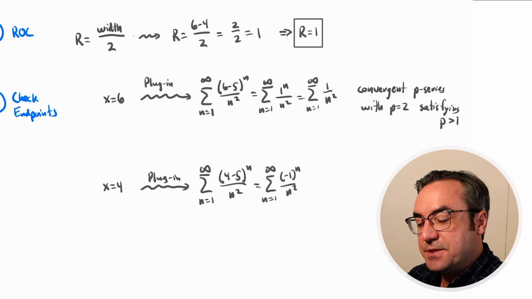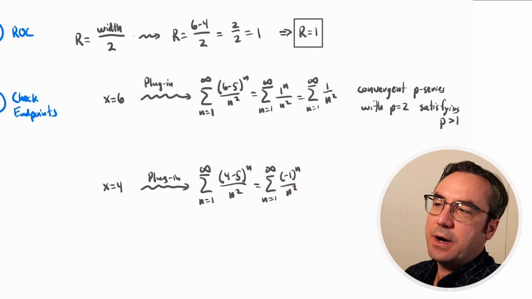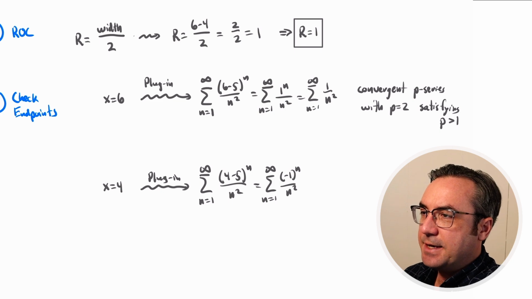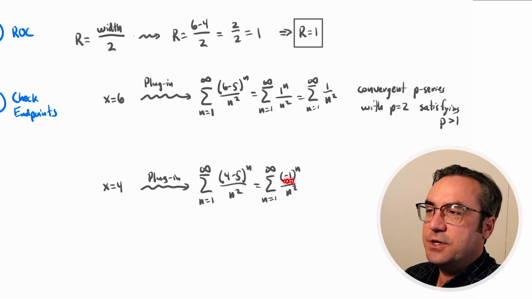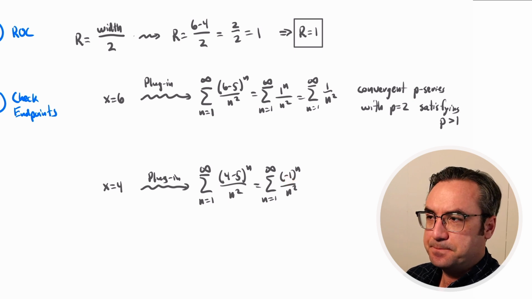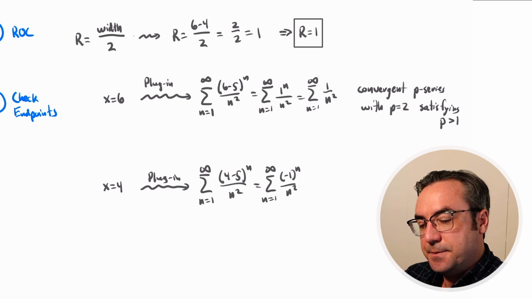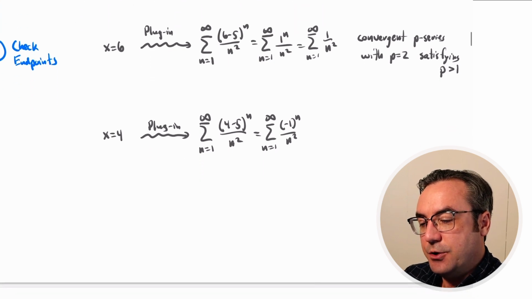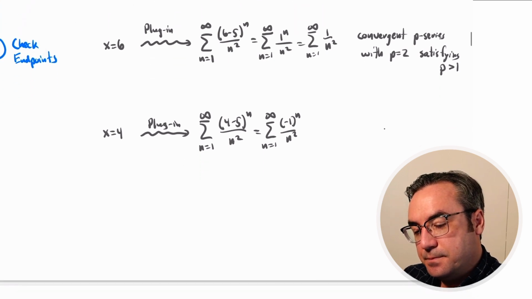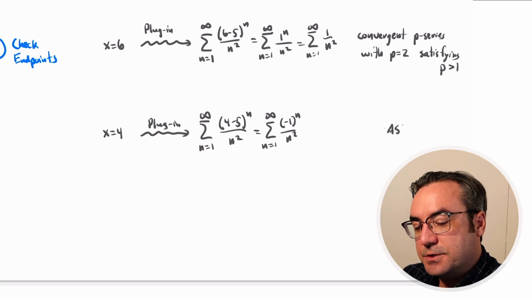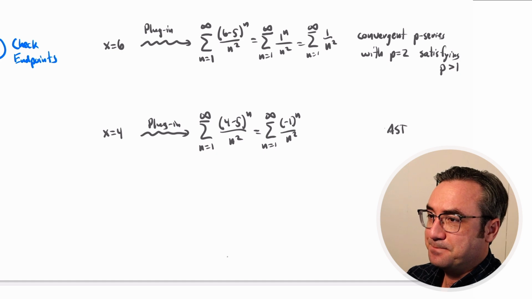Well, we've got this negative 1 raised to the power n, and this is an alternating series. So we can use our alternating series test on this thing. So that's what we're going to do. We're going to do our alternating series test.